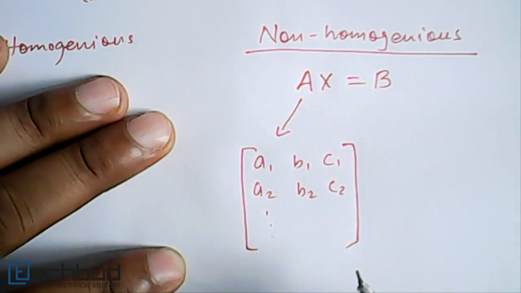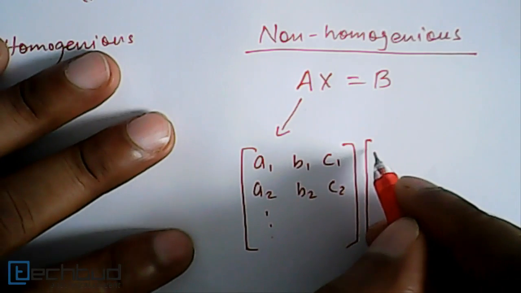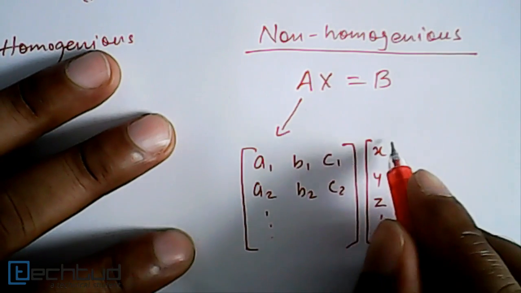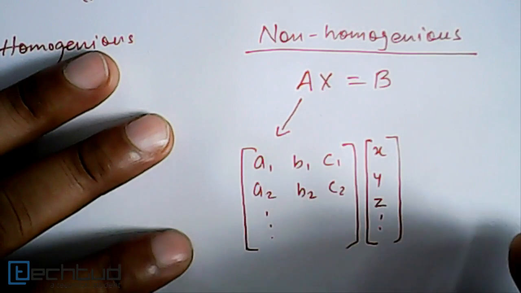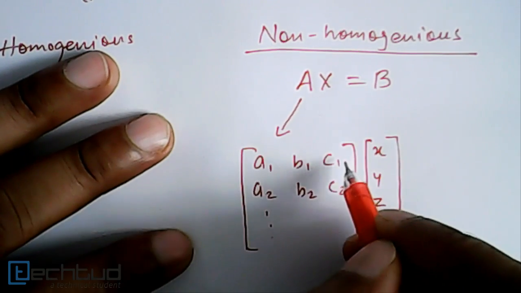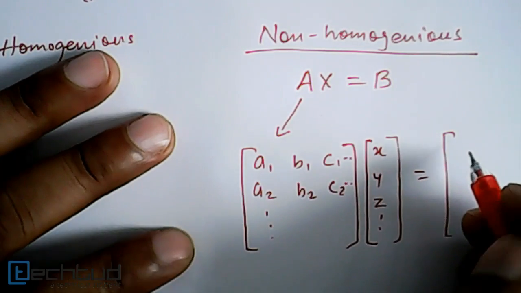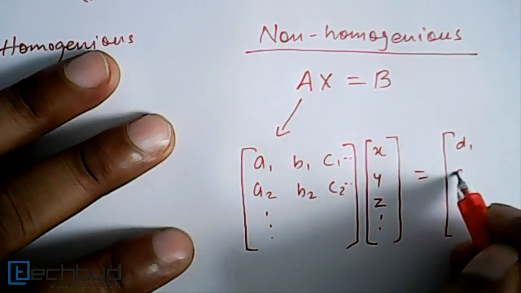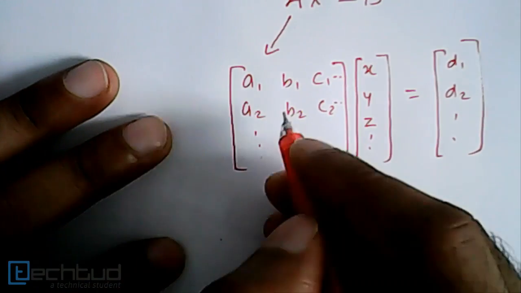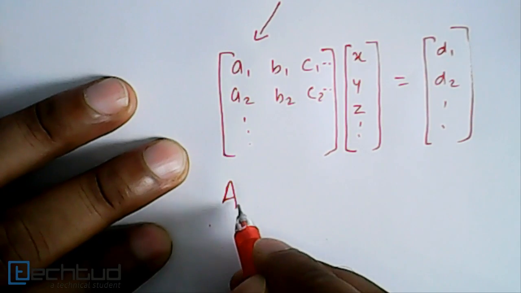Then this is the column matrix of variables, that is x y z and so on, and this is equal to the values d1, d2 and so on.